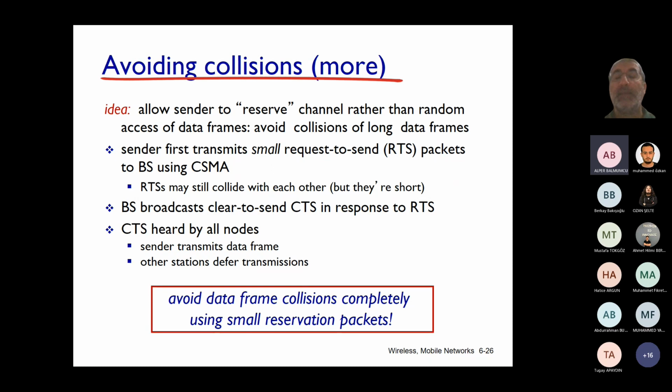If I'm a mobile phone and I want access to the link through the access point, I'm telling the access point, hey, I want to send some packets, by sending the RTS packet to the access point. The access point receives my request and then broadcasts a CTS packet. It says, hey, everybody listen to me.